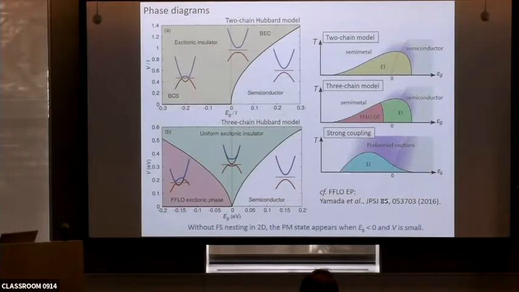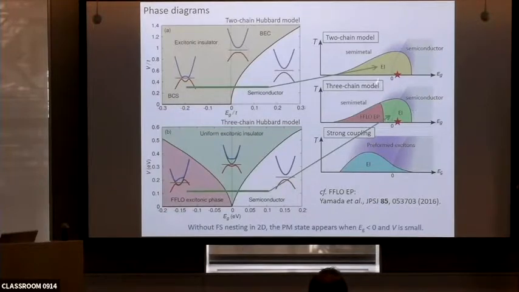And this is the theory result of this paper, so we put it here. This is the mean-field calculation again. This is also the standard temperature band gap phase diagram, and the three-chain model has an FFLO-type exciton phase here.